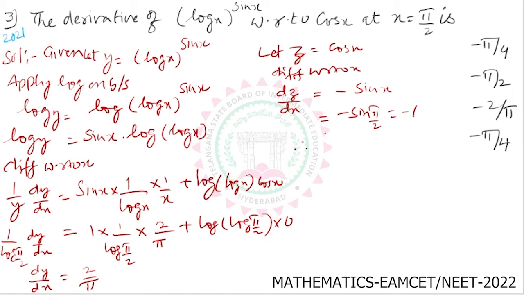Therefore, dy by dx by dz by dx is equal to 2 by pi with minus. So the answer is minus 2 by pi. So which is the correct option? Third one. So minus 2 by pi is the correct option. Is it clear?